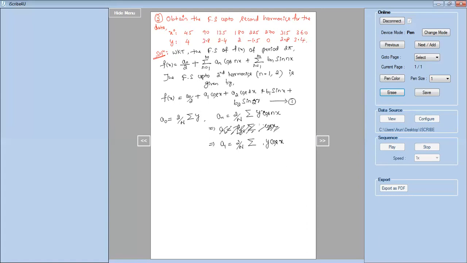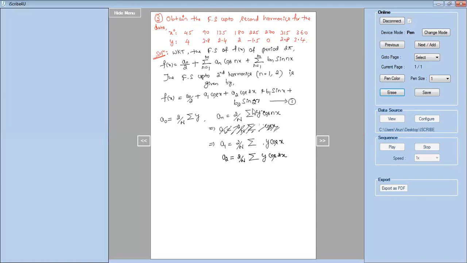So a1 is summation y cos x, put n equal to 1. Now a2 equals 2 by N summation y cos 2x, right? So an is this formula, put n equal to 1, you get a1, put n equal to 2, you get a2.